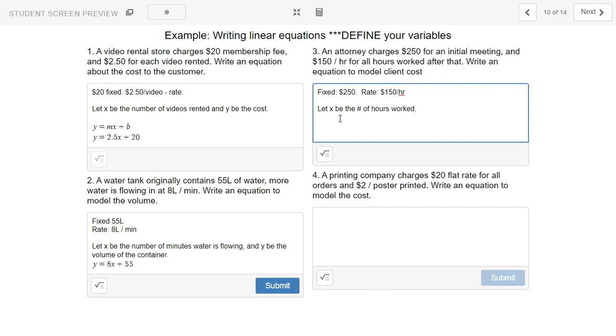And we have y, when we add these together, will be the cost to the client. So we write our equation y = mx + b. M is our rate, so y = 150x + 250.